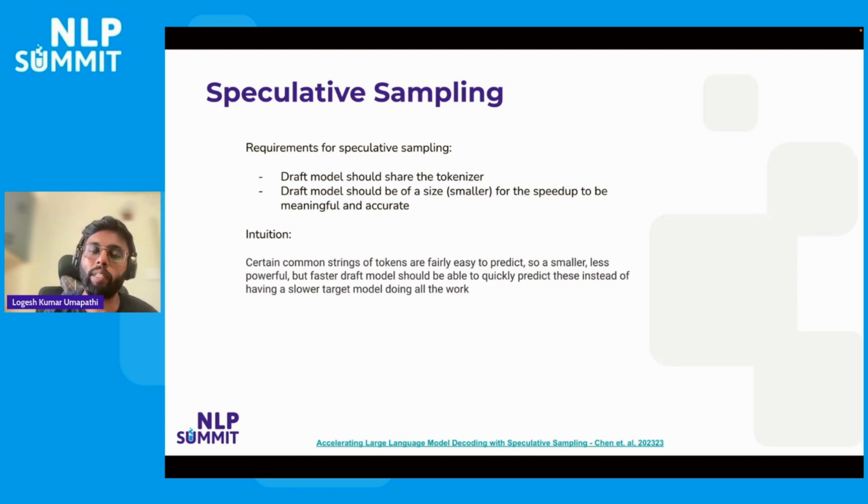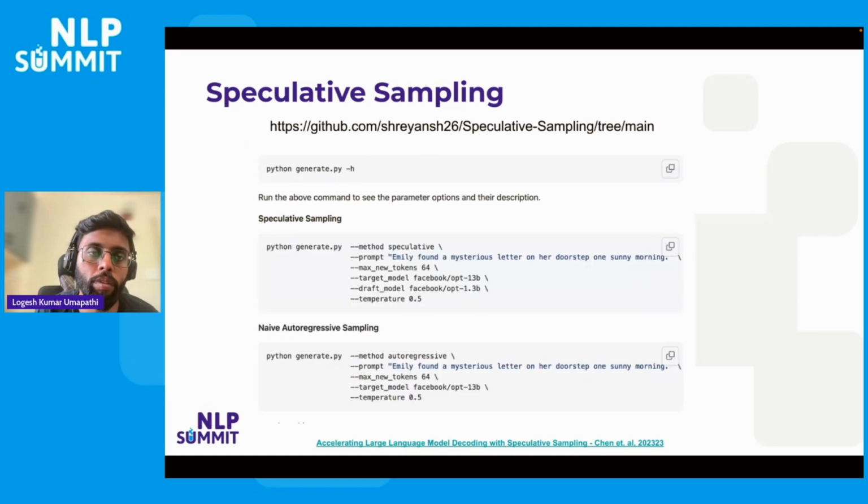At the same time, it should be of a size that it can be accurate in generating the tokens for the target model. The intuition here is that when we generate, probably not all the tokens require a computation that needs a bigger model. Some of the common phrases, the most repeated phrases or easier to predict phrases, can be offloaded to a smaller model. So that's the intuition of this approach.